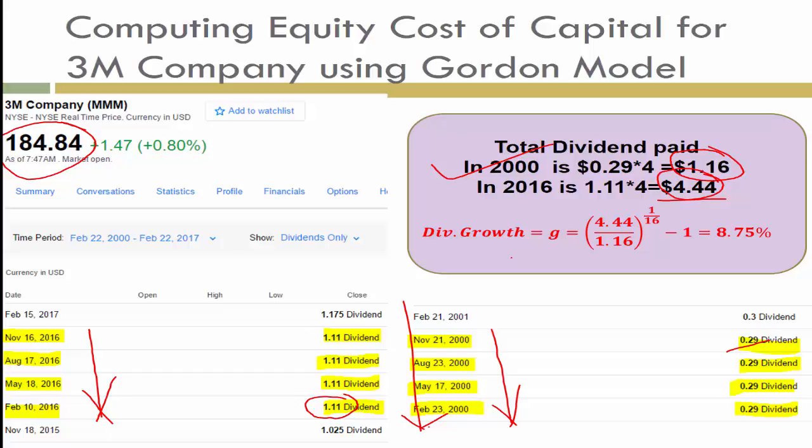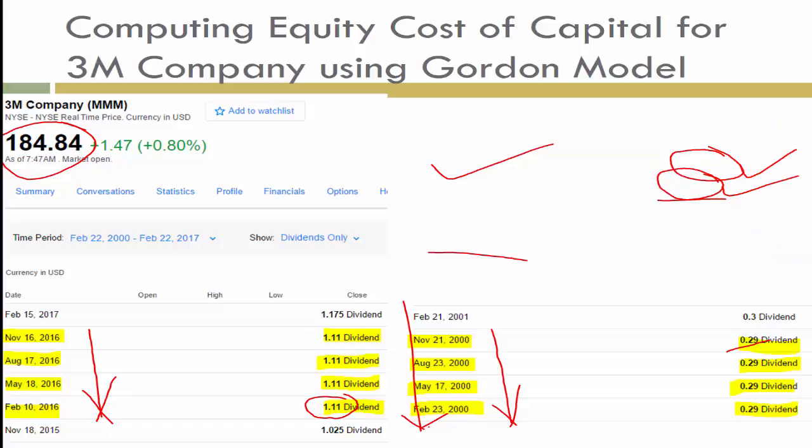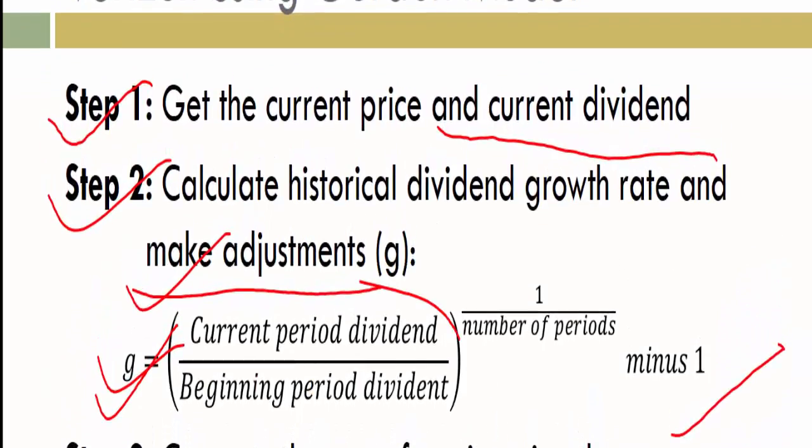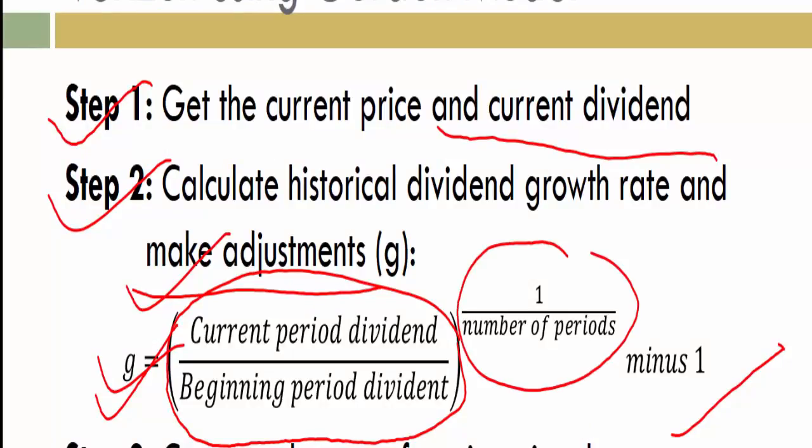Now once you have the dividend paid in the beginning period and the current period, you can easily compute the dividend growth rate. And how can you compute it? Remember the formula that I listed in an earlier slide: current period dividend over the beginning period dividend, to the power 1 over number of periods, minus 1.